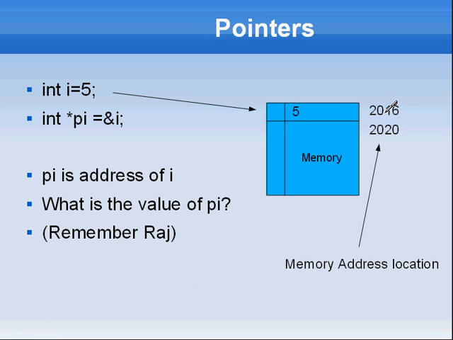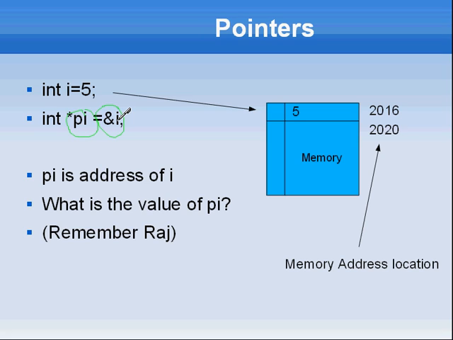Now let us take a construct where we have int i equal to 5, and we declare a pointer pi equal to ampersand of i. Basically we are declaring a pointer to an integer pi, and we are assigning it the address of i. Now what is the value of pi?